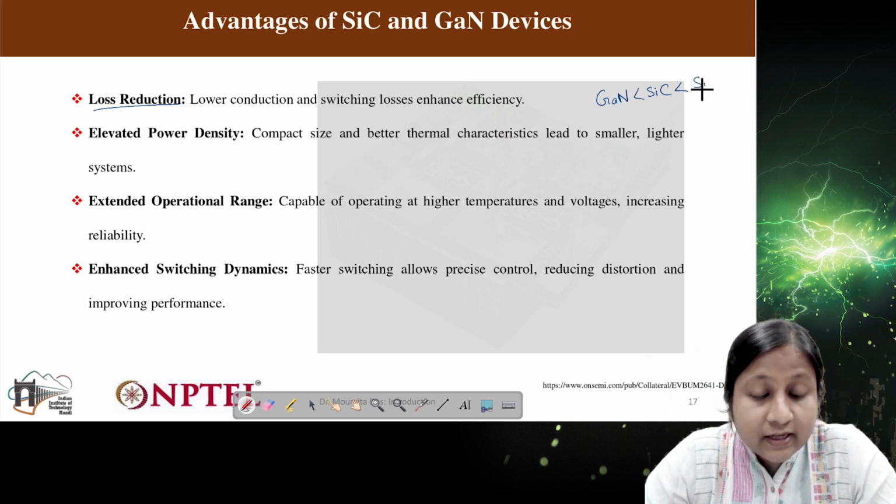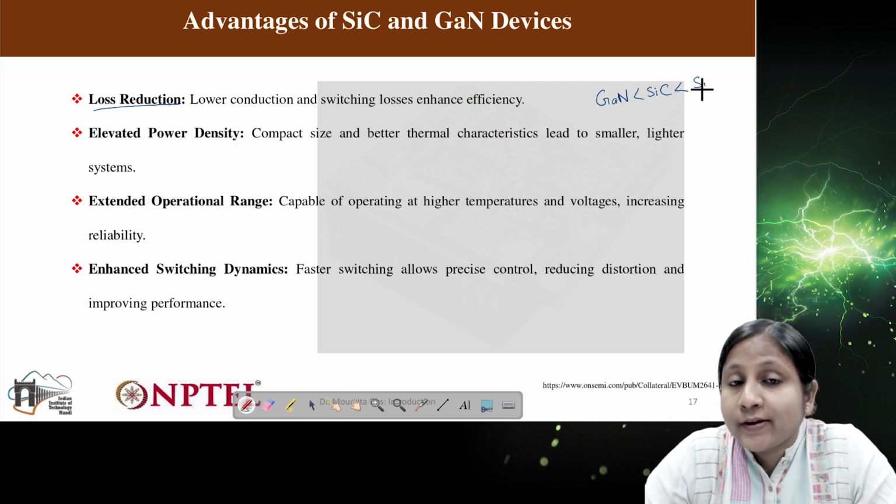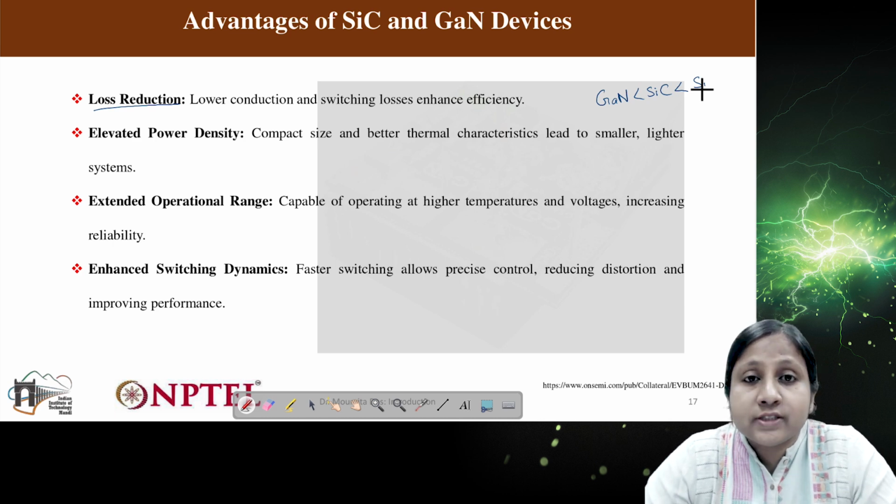The second point is the elevated power density. As you know, as these devices allow us to operate at higher frequency, then the size of the overall system will reduce down. Size of the passive component will reduce down. And if the losses are less, the heat sink requirement will also be less.